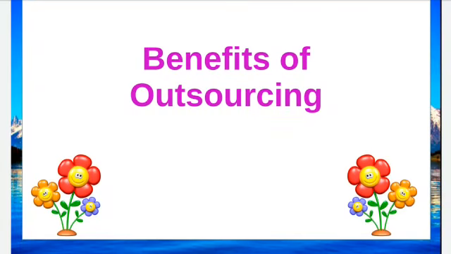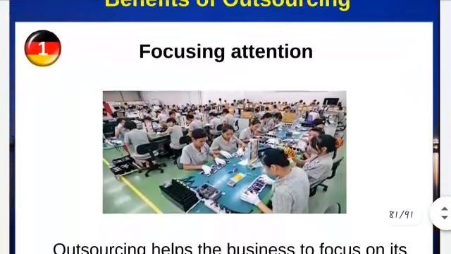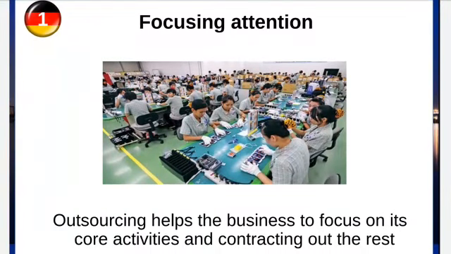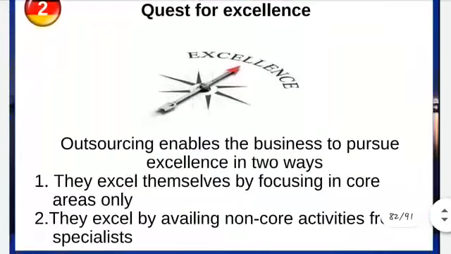Benefits of outsourcing: why do we do this? Focusing attention, so that the organization may focus on the main area or the core activity. Quest for excellence: as I told, advertising activities can be given to advertising agencies. Why? Because they are experts in that.